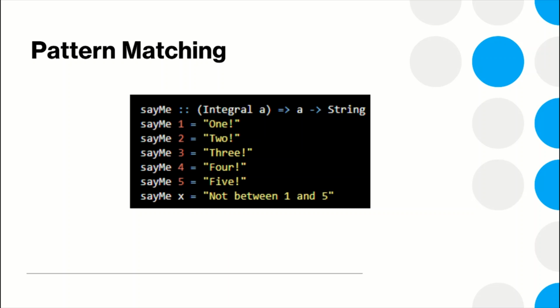We have this pattern that if the parameter is 1, it's going to return the string "One". If the parameter matches 2, it's going to return "Two", and so on. And in the last one, we have the generic case. So if it is a value other than 1, 2, 3, 4, or 5, it's going to return the string "Not between 1 and 5".